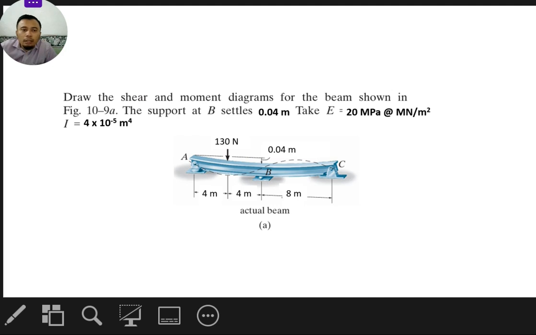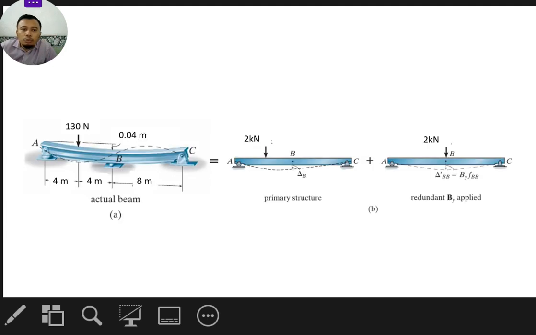And then what you need to do first is to draw the primary structure and then the redundant force structure. In this solution, we remove the redundant support at B, the roller at B.